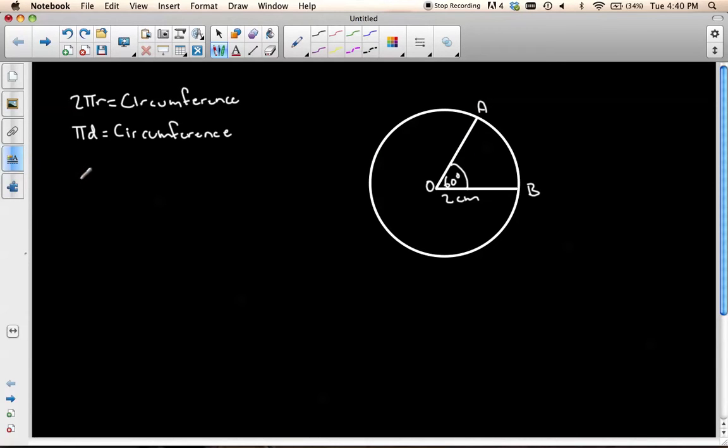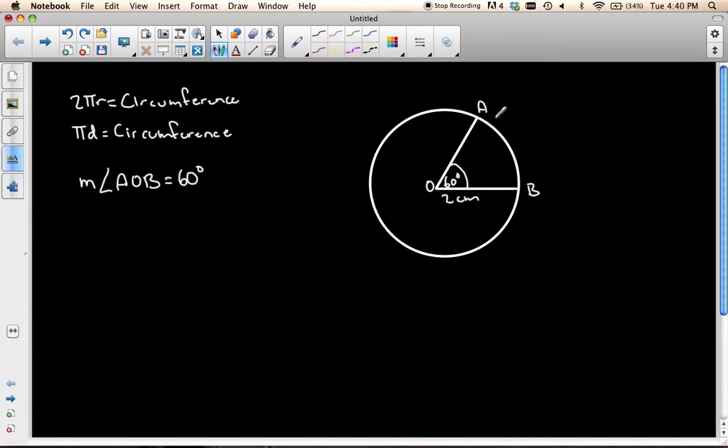The measure, which we write as m of our central angle, this is the symbol for angle, of AOB. The measure of central angle AOB, because O is our origin, is 60 degrees. So our central angle is 60 degrees.